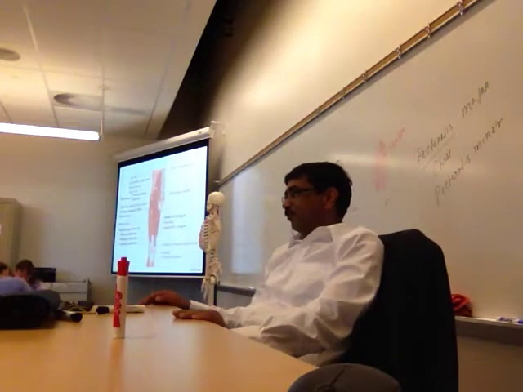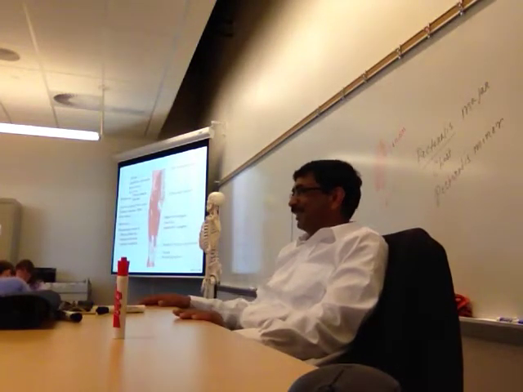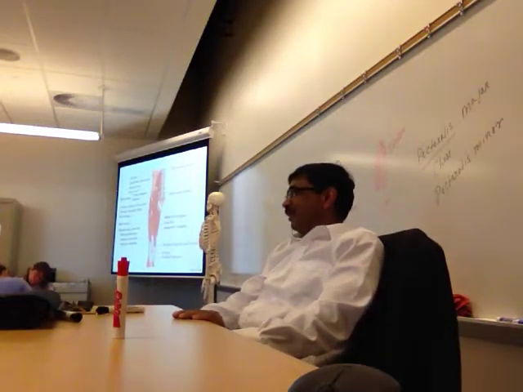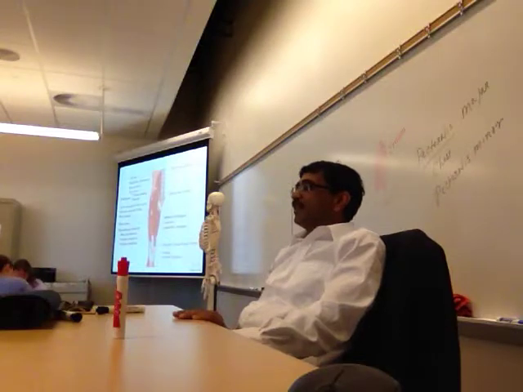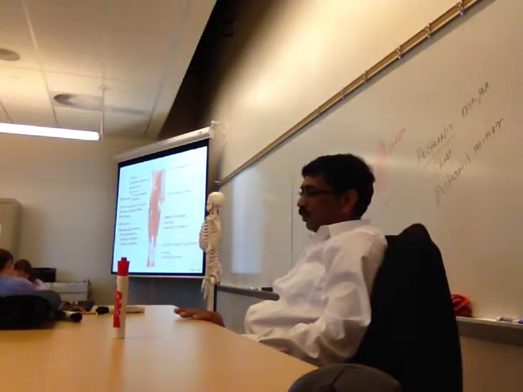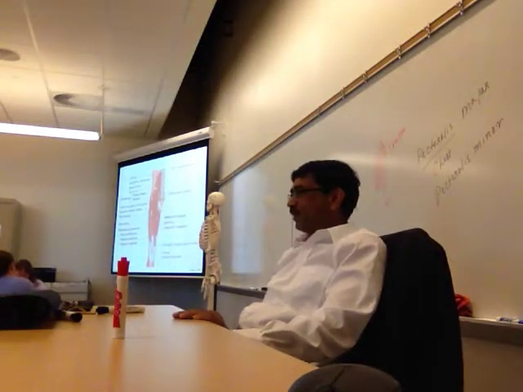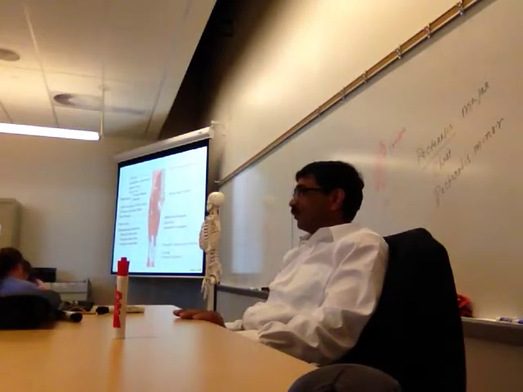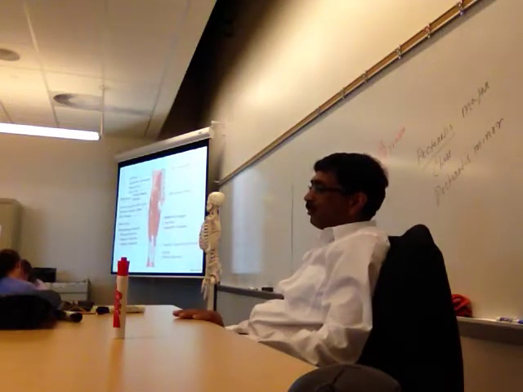Total how many? Say loud. 4. Those 4 muscles together are called quadriceps femoris. Quadriceps femoris muscles. Quadri means what? Yes, quadri means 4.